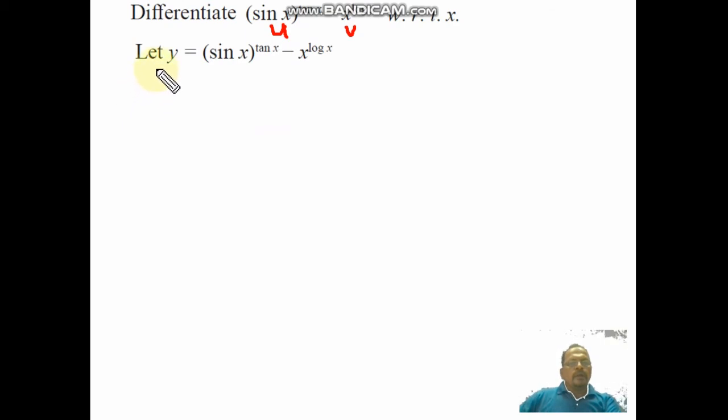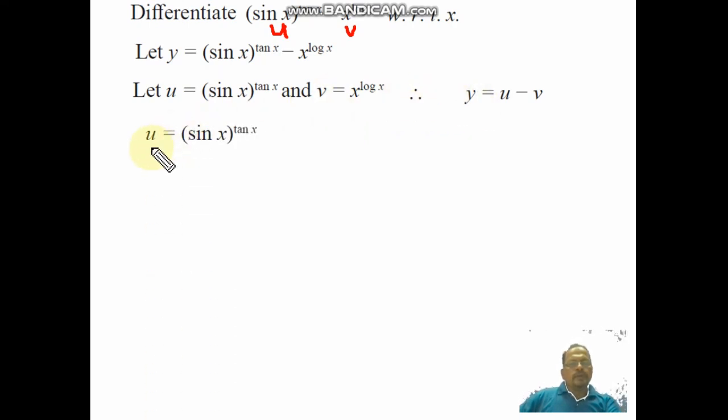Here let y equal to sin x raised to tan x minus x raised to log x. It is equal to u minus v, so u is equal to sin x raised to tan x and v is equal to x raised to log x.